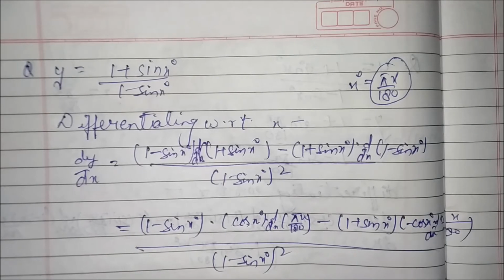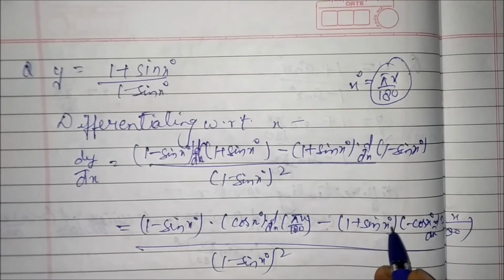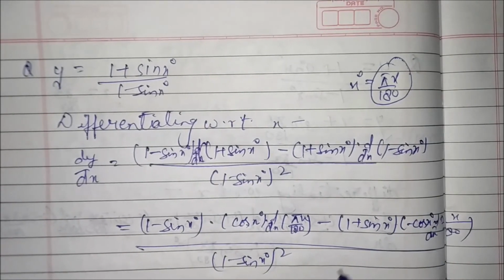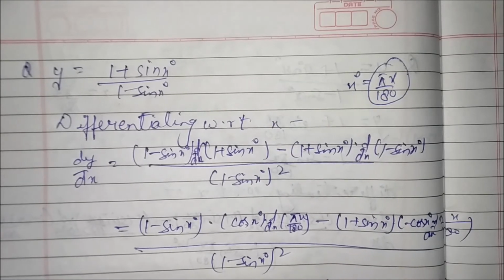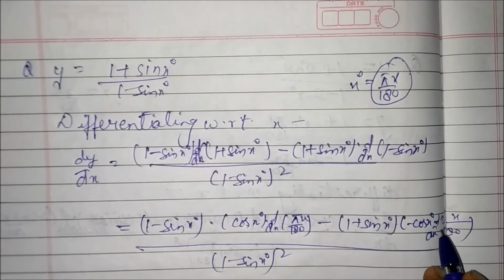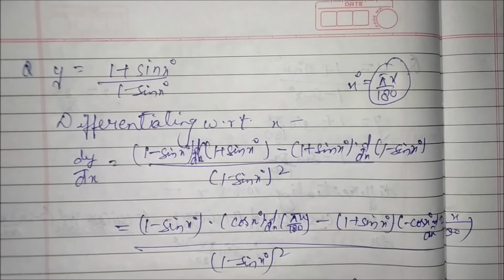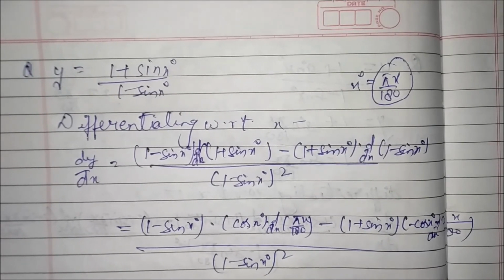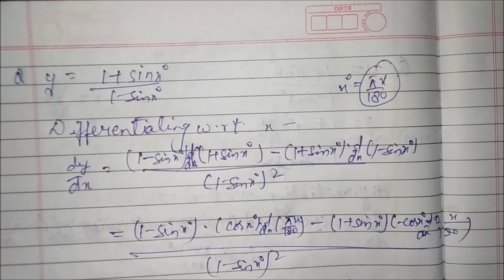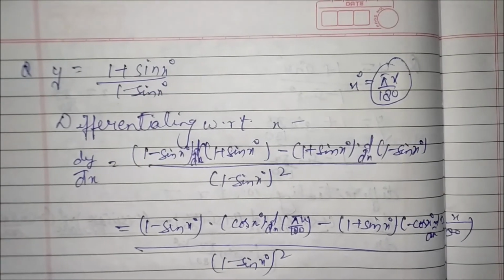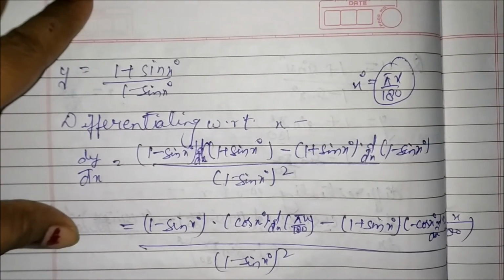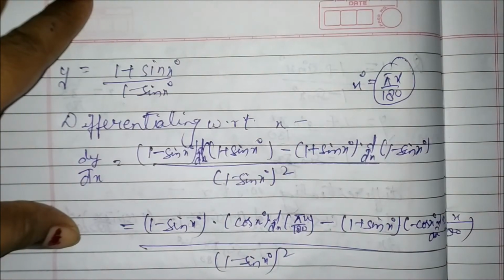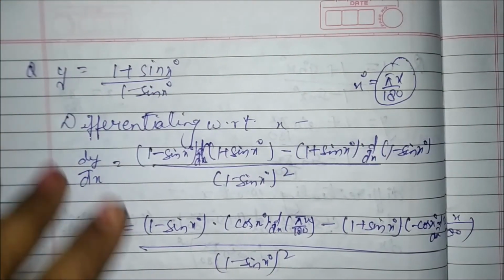Then minus, in this minus becomes plus, we have cos x degree plus sin x degree cos x degree into again pi by 180, upon (1 minus sin x degree) whole square.